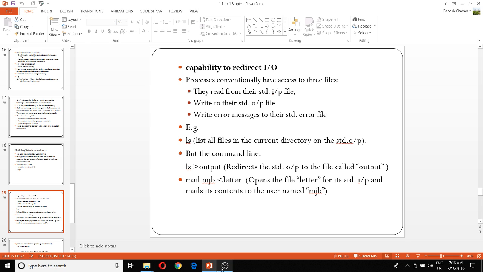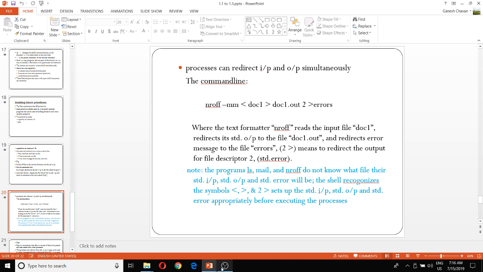But the command line ls > output redirects the standard output to the file called output. We have mail mjb < letter, which opens the file letter for its standard input and mails its contents to the user named mjb. Processes can redirect input and output simultaneously.